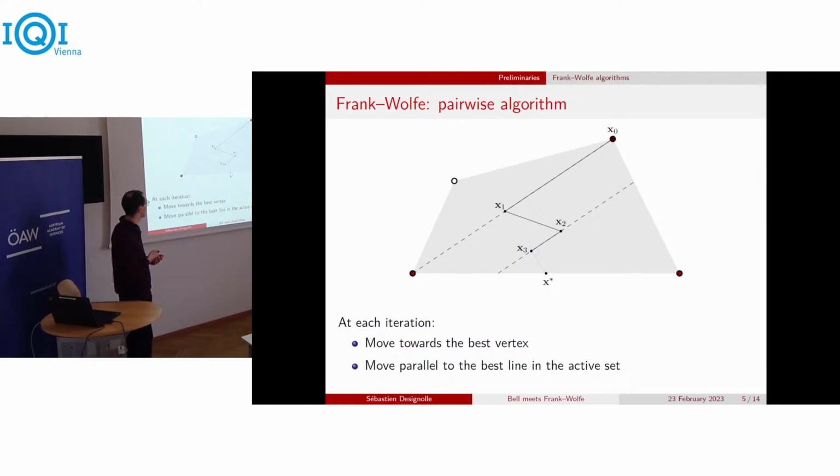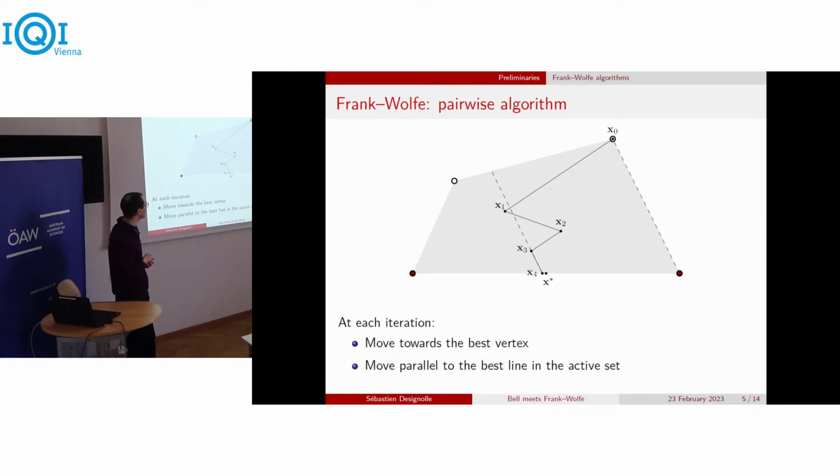And if you do this a second time, now, with this gradient, the best point is this one, and the worst one is, again, this one. And then you move, again, on the line parallel to this one, but going through your iterate. So you're moving, again, some weight from this vertex, which is not so favorable, to this one, which is better.